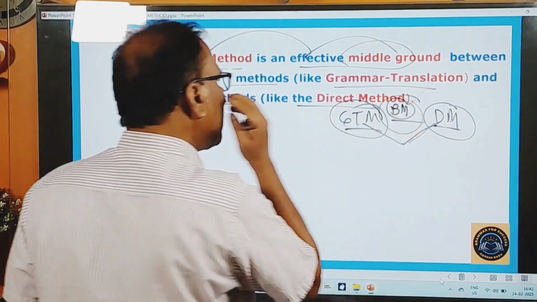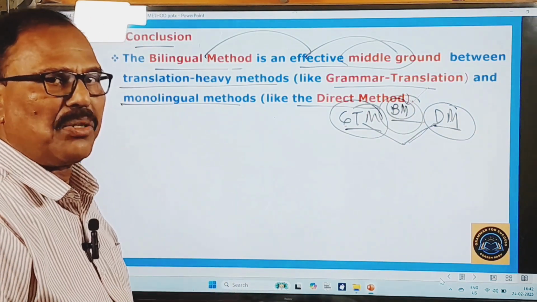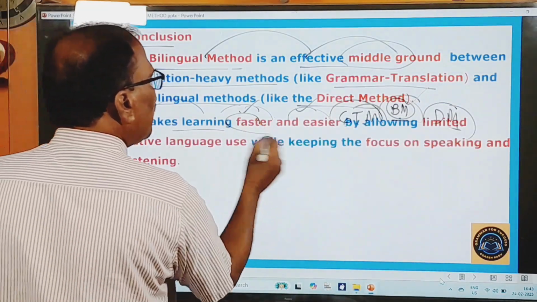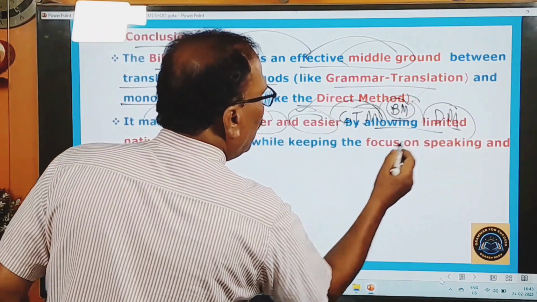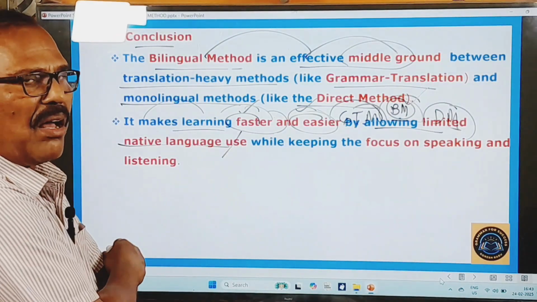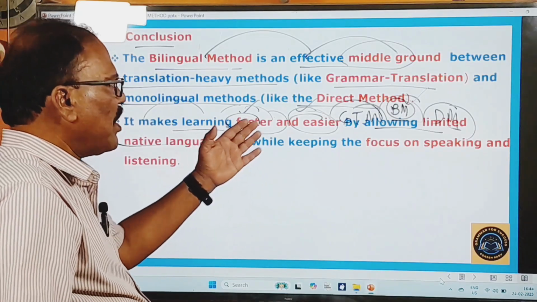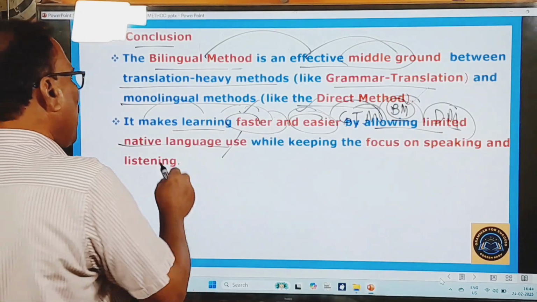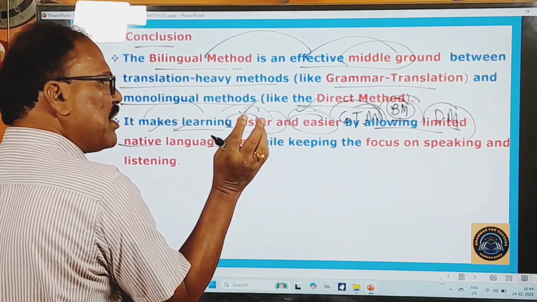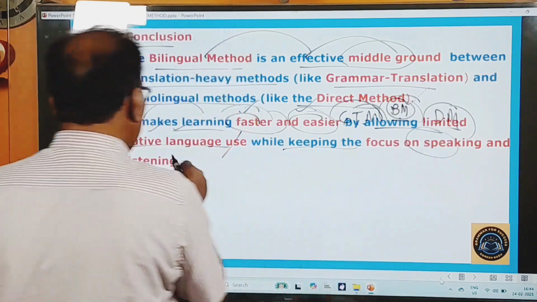This is really a successful method which can be adopted by teachers in their schools and classrooms. And this makes learning faster and easier. By allowing limited native language, used very sparingly, in a limited manner, it makes the learning of the target language faster and easier, while keeping the focus on speaking and listening skills.